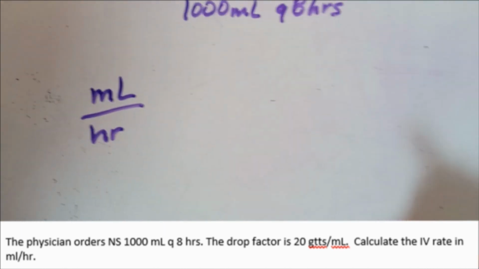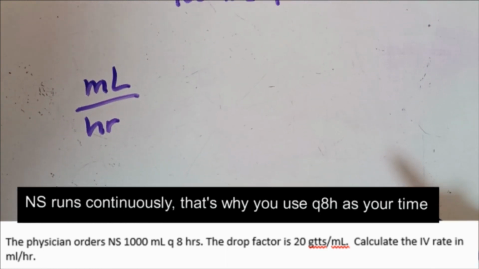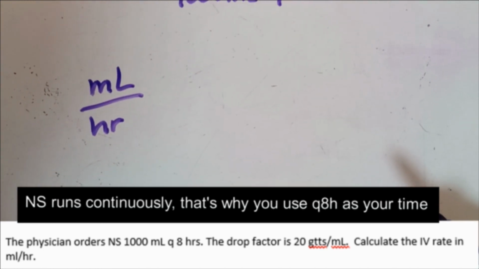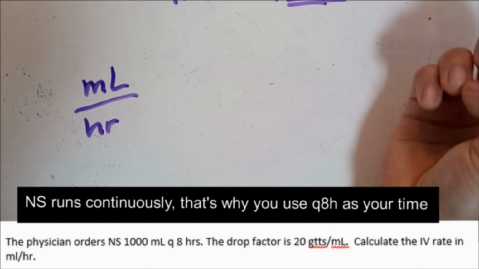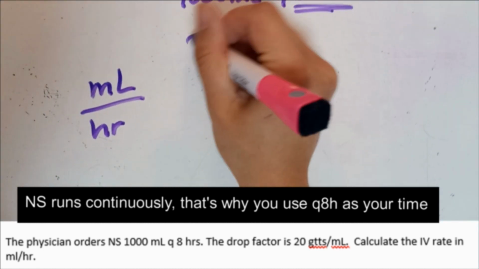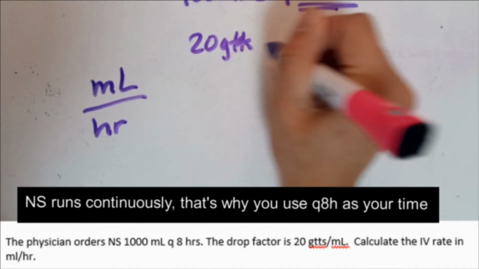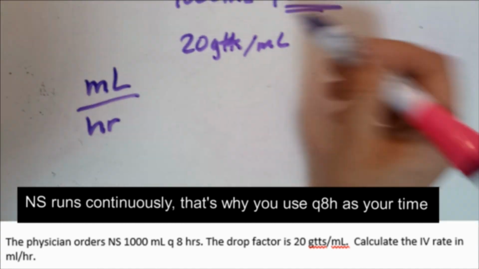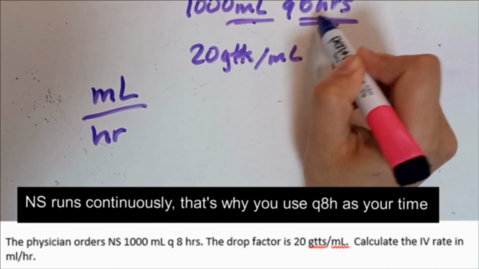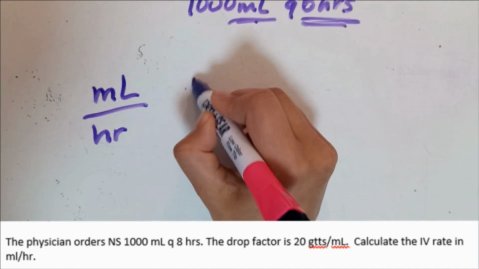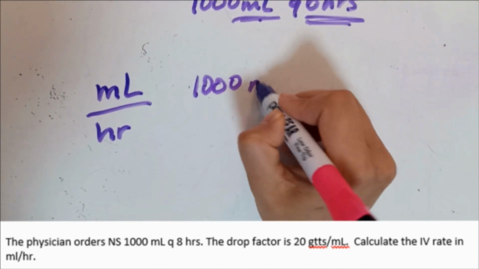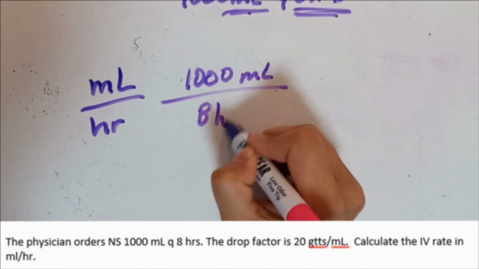They told us we have to give 1,000 milliliters every 8 hours. So for this one, you want to assume that you're running over the whole 8 hours. So you don't need the drop rate at all. The 20 drops is extra information. They're trying to trick you. For milliliters per hour, all you need is milliliters and the time. So what you're going to do is take 1,000 milliliters over 8 hours.